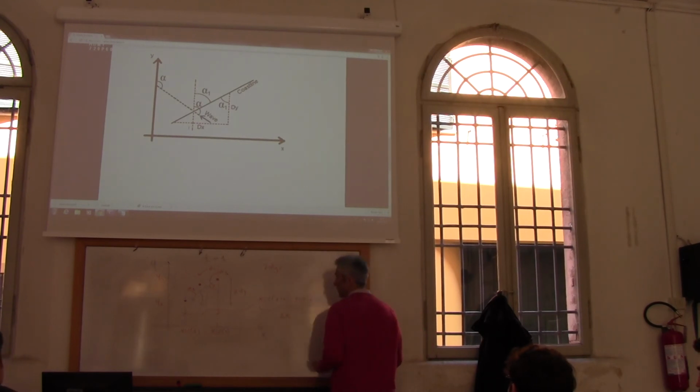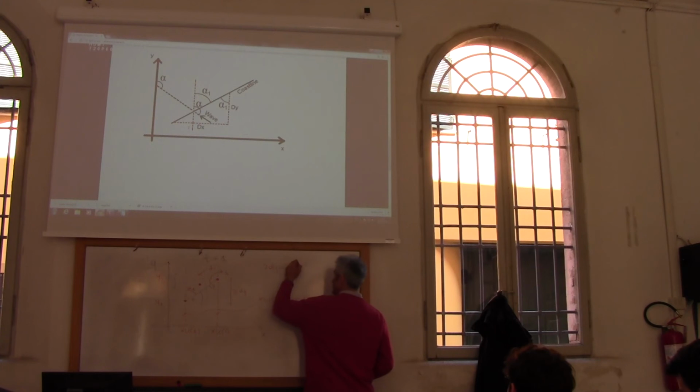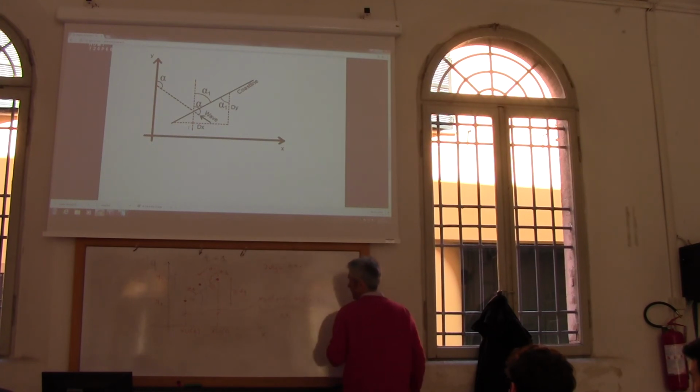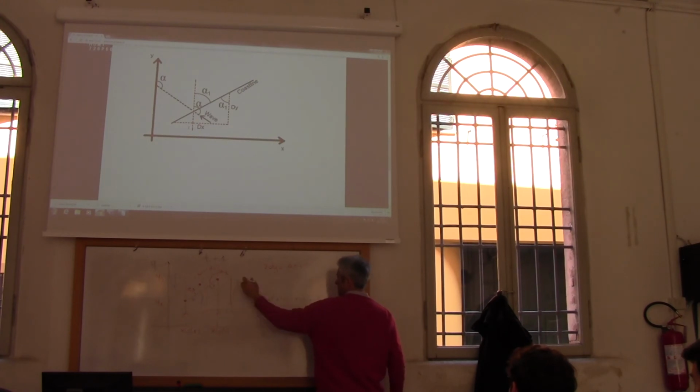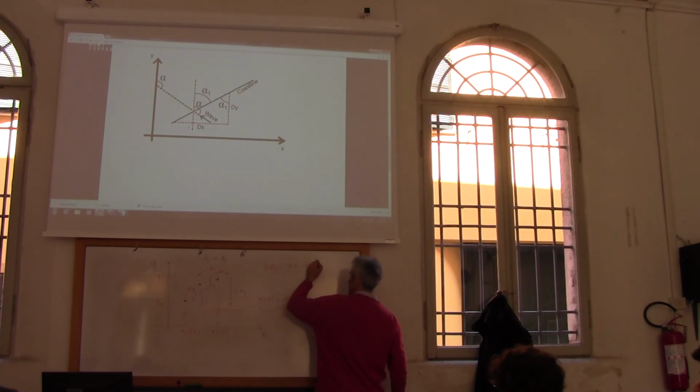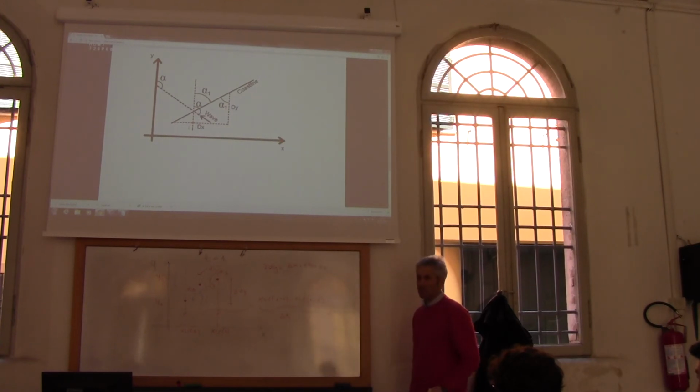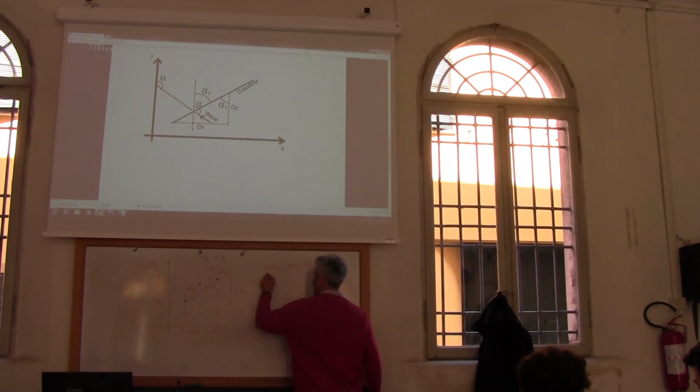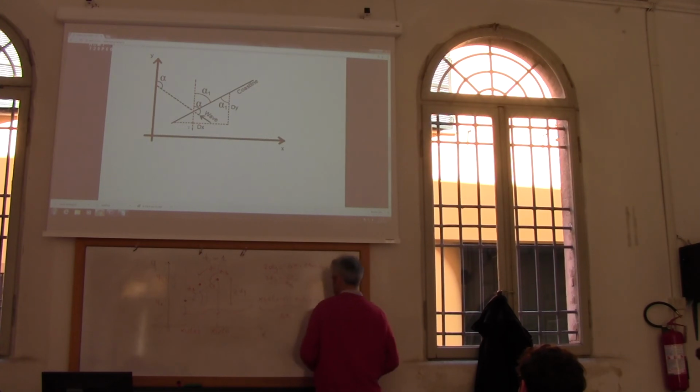So 2dy is equal to delta x times cotan alpha 1, which means 2dy is equal to delta x divided by tan alpha 1.